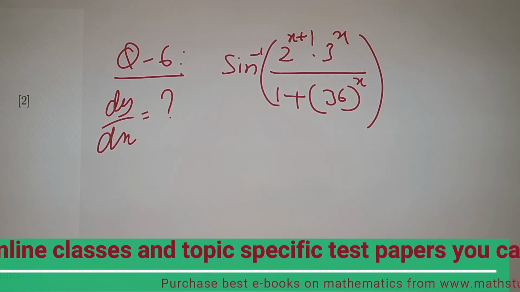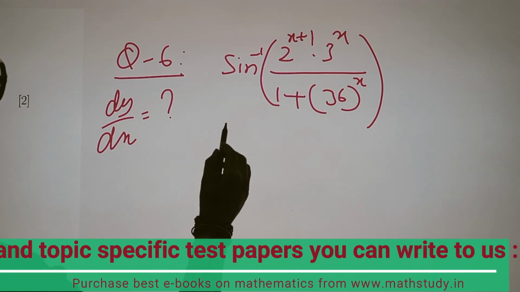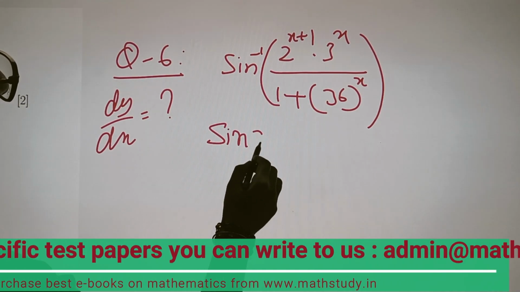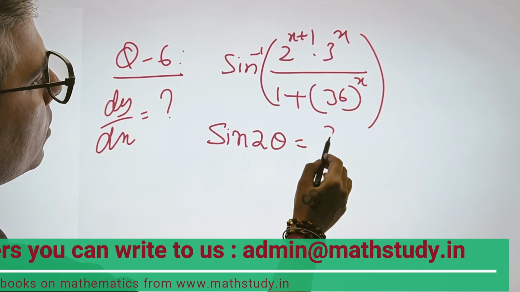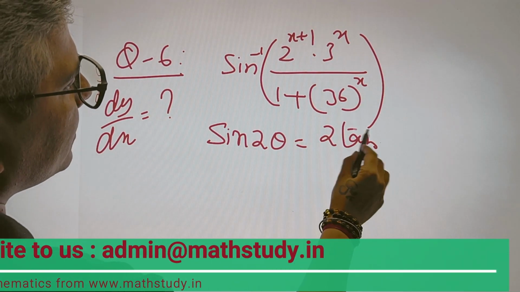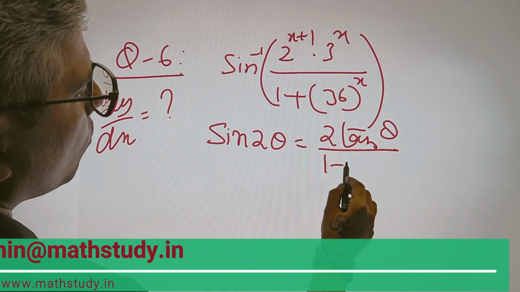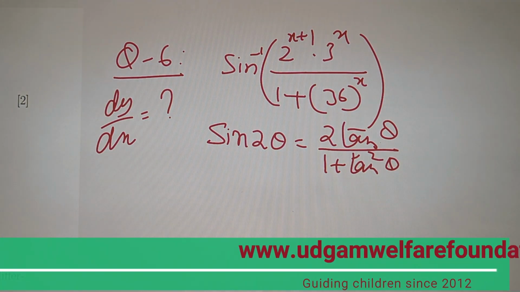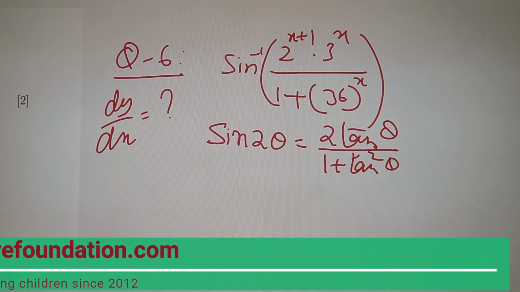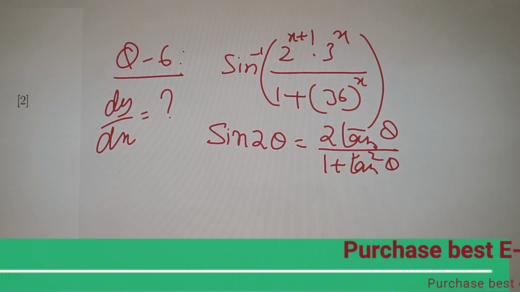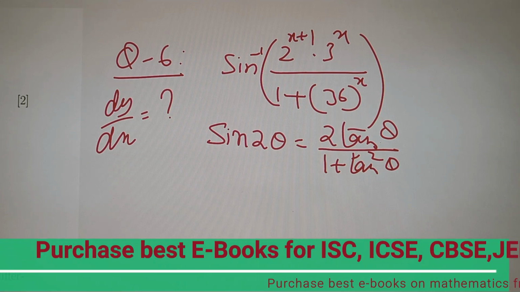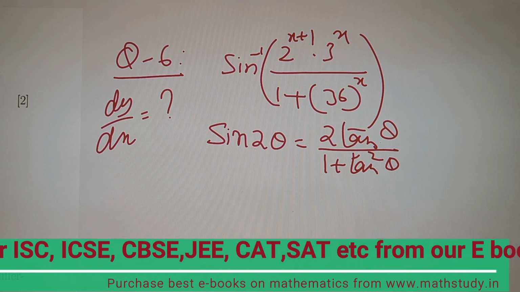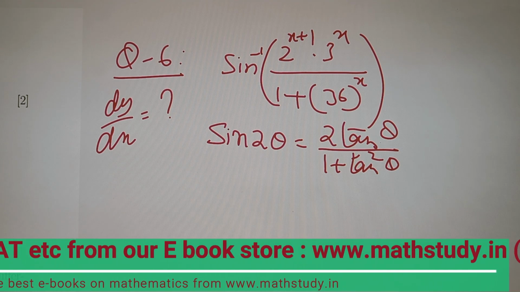So what we need to understand first is that sine 2 theta equals 2 tan theta upon 1 plus tan square theta. We need to apply this. For such questions, we need to first simplify the inverse trigo part before proceeding further to get our derivative.